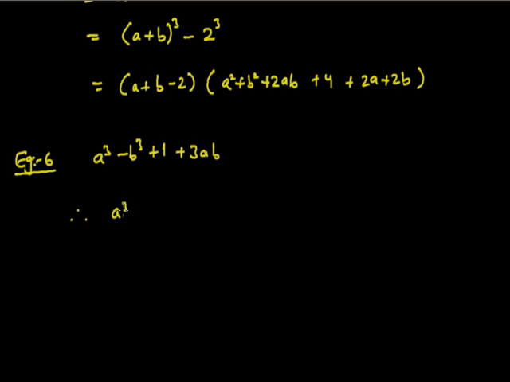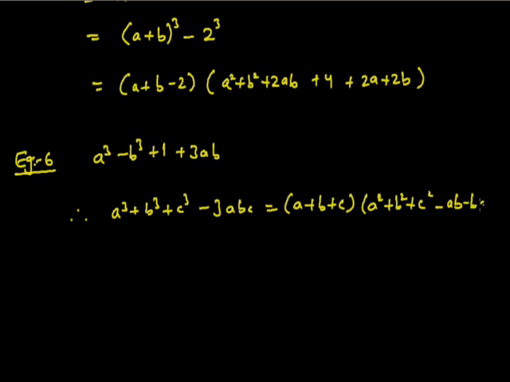that identity was a cube plus b cube plus c cube minus 3abc is equal to a plus b plus c into a square plus b square plus c square minus ab minus bc minus ca. So we can use this identity here.